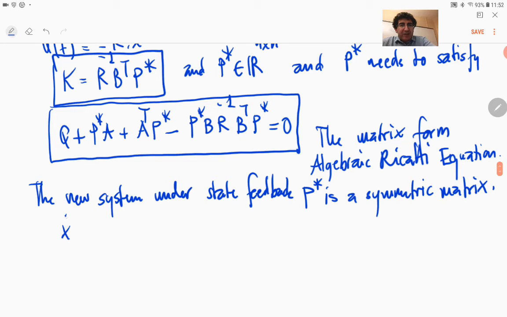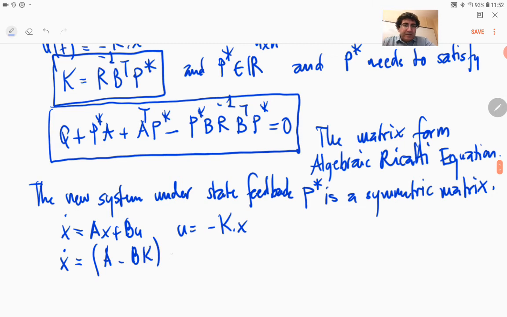So it's a combination of x dot being Ax plus Bu, and u being equal to minus K times x. So what we have is that x dot is equal to (A minus BK) times x, okay? And this is your new closed loop A matrix, okay?